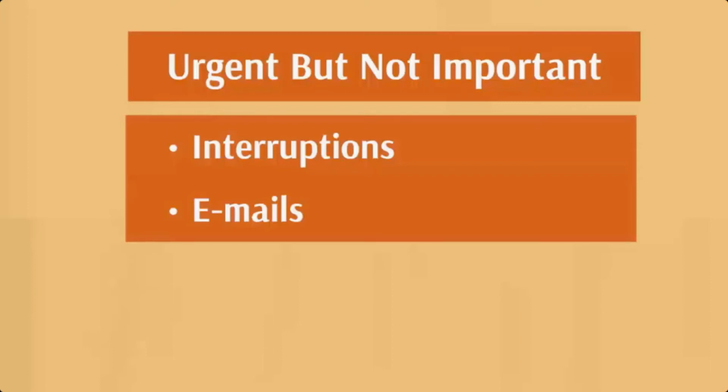Because we deem it as urgent and important, we are not able to get things done as quickly as possible. But if we prioritize that, put it into the urgent but not important category, and figure out, okay, most emails are not important, and I'm not going to take any of that until I get this urgent and important task done, then guess what? You're going to get things done quicker.